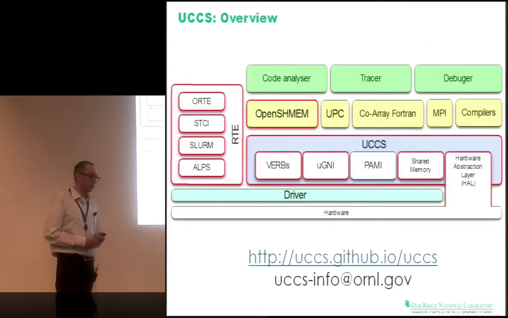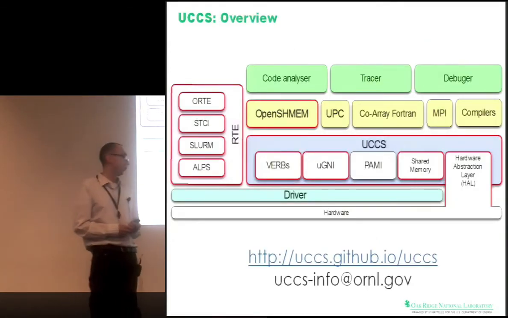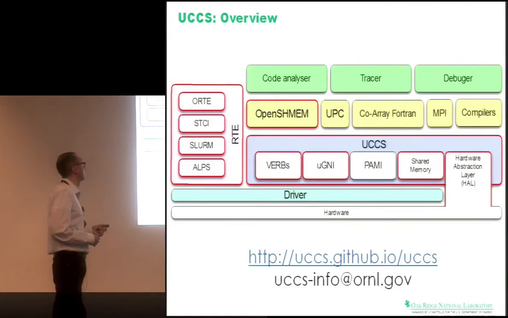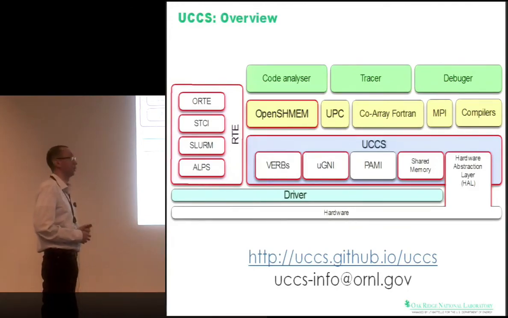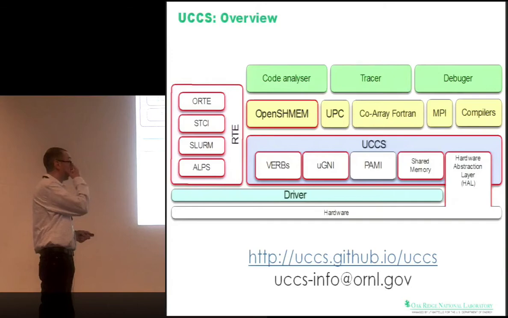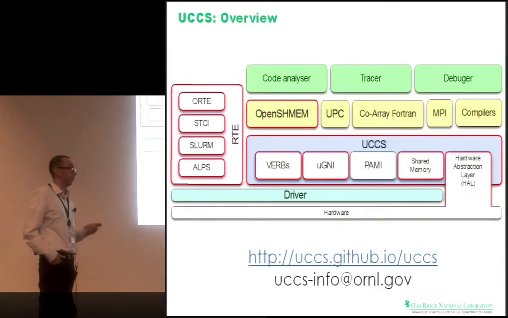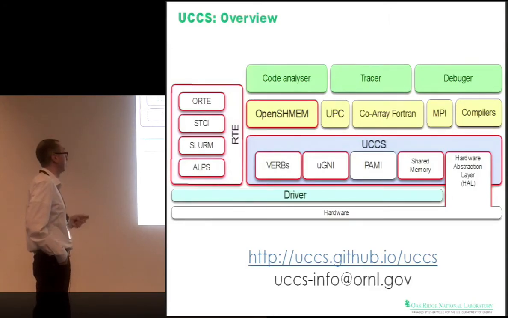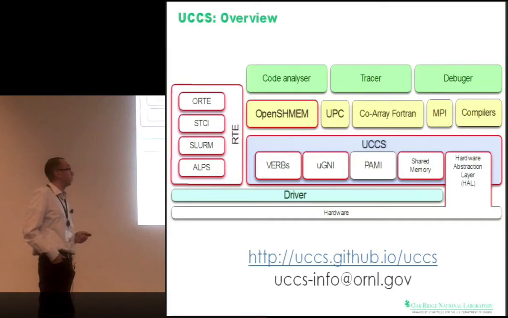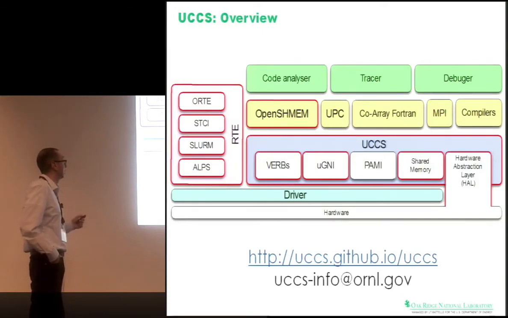This is an overview of the work that we are doing. In red, I marked where the work happens right now. So UCCS is sitting between the OpenSHMEM layer and the driver or hardware. The OpenSHMEM library, like the reference implementation, talks directly to UCCS. On the UCCS level, we have different communication channels.